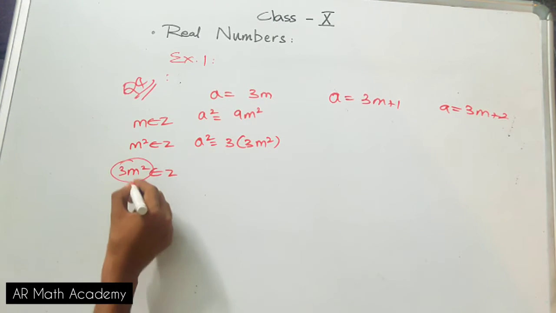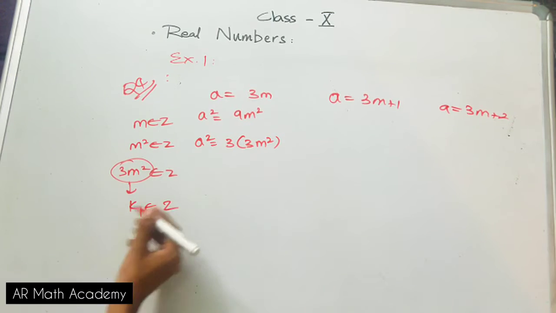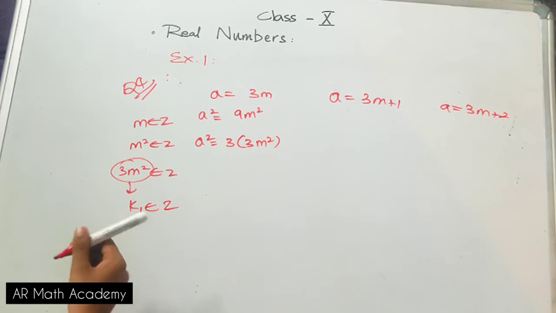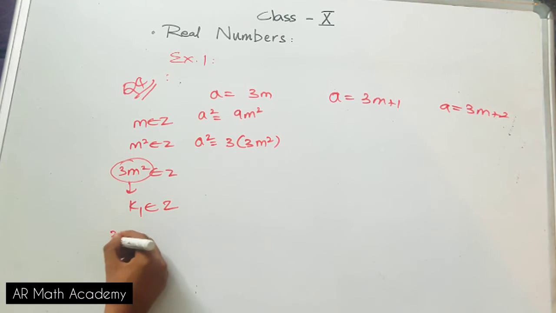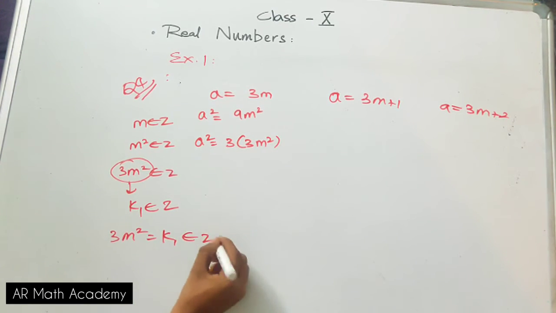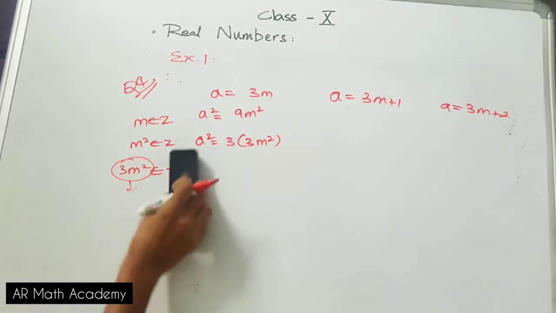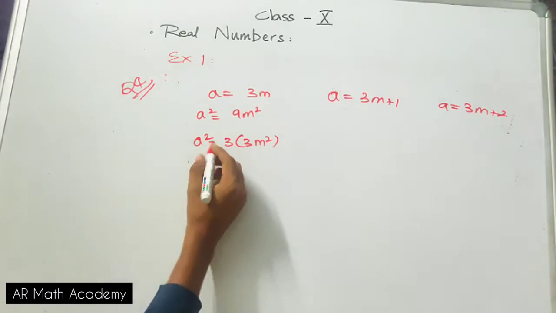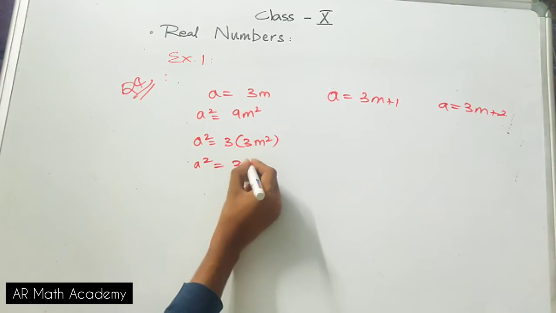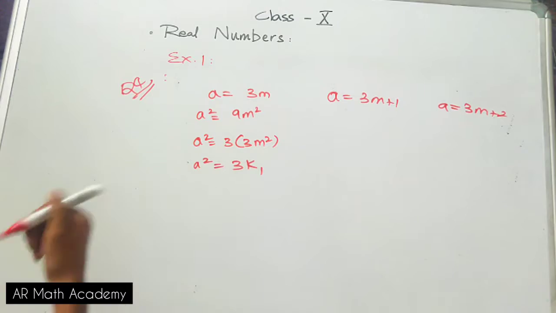So I'm replacing this 3 times m square with some constant k1, which belongs to the integers. So a square is equal to 3k1, which is 3 times some integer.